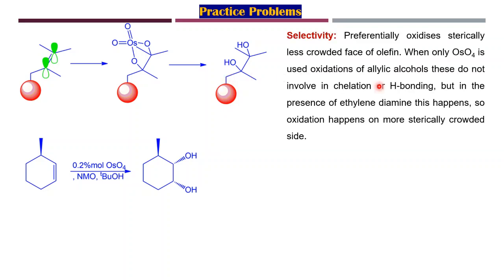However, if you use ethylene diamine, then there is a possibility of a chelation or hydrogen bonding with the allylic alcohol. So if there is a chelation with this group over here, that means now instead of coming from this side, in presence of ethylene diamine, the osmium tetroxide, that is this unit, will attack these lobes because it is being assisted by some hydrogen bonding happening over here by this red sphere, which is obviously my OH group.